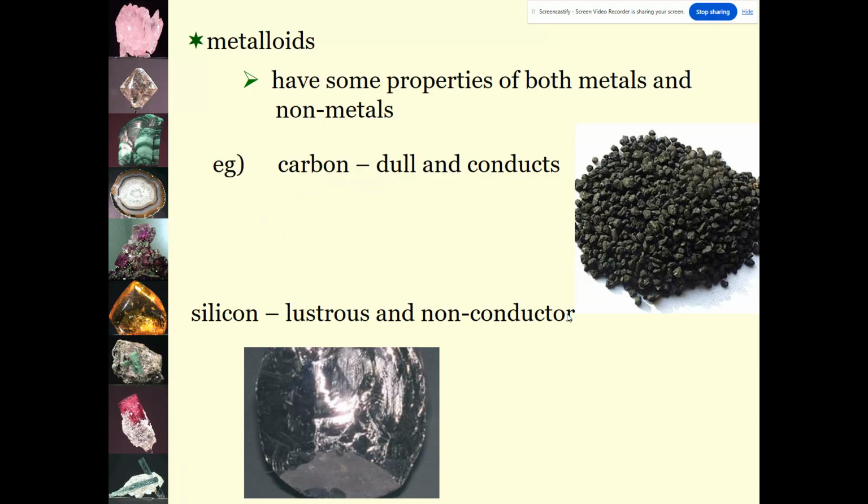So carbon, for example, is actually a nonmetal, but it conducts. And that's something that normally a nonmetal cannot do. Silicon, also being a nonmetal, is lustrous or shiny, which again is usually not something a nonmetal can do. You don't really have to know which elements are metalloids. They're still either a metal or a nonmetal. It's just if it's asking you why does carbon conduct even though it's a nonmetal, it'd be because it's considered a metalloid.